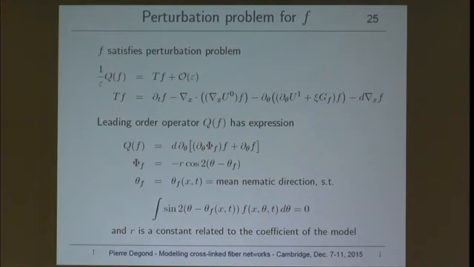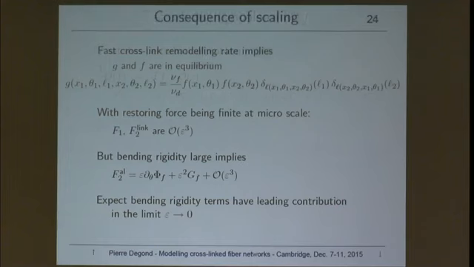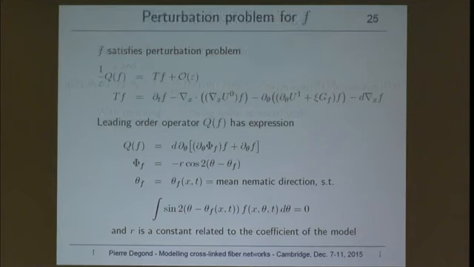So let me look at the collision term. There is a term which comes from the angular noise here. And there is a term which comes from the leading order of the bending rigidity term, this capital Phi of f, and that term has an explicit expression like this. So this is basically the cosine of the distance between theta and the local mean nematic fiber angle, theta f. So f is a distribution of orientation.